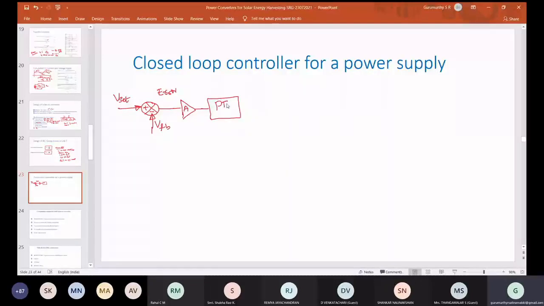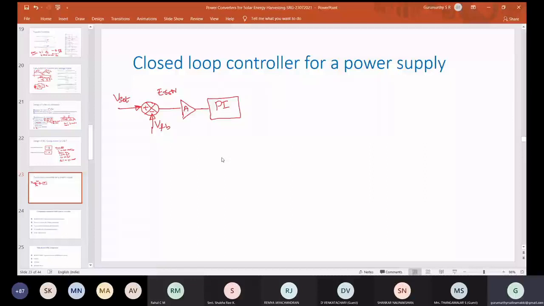Proportional controller has a very fast response, but the steady state error is non-zero. Always an error is required for it to work. The integral controller has zero steady state error, but the initial overshoot is more and the response is slow. So again, it is a trade-off. You have to make the trade-off between all these things. So we have a proportional integral controller.